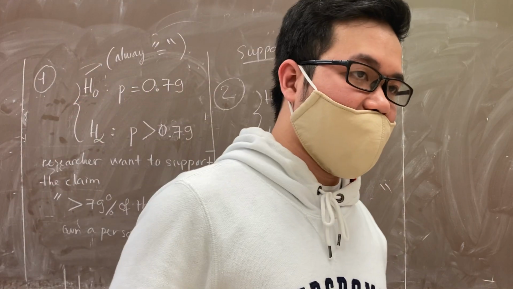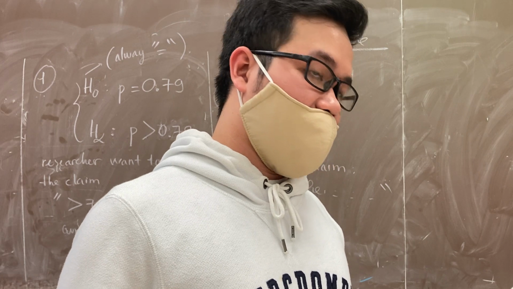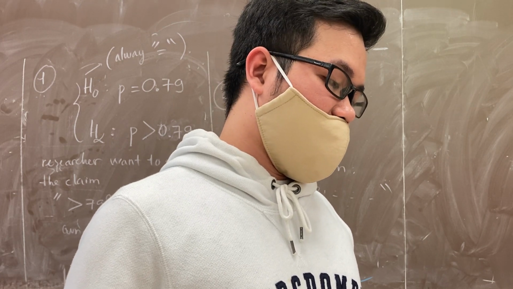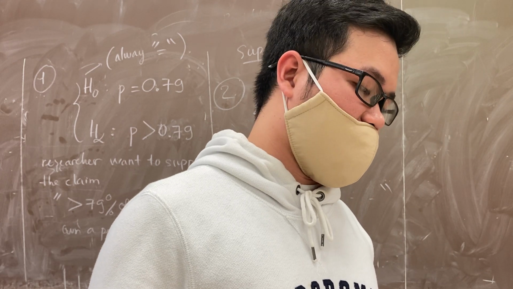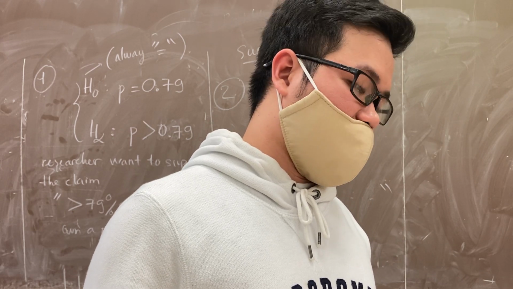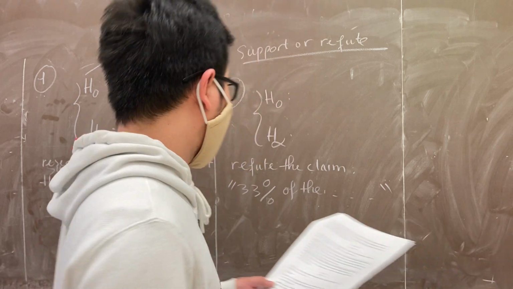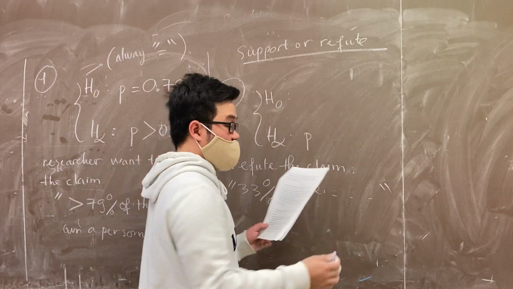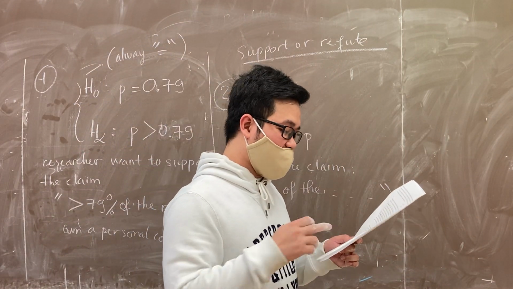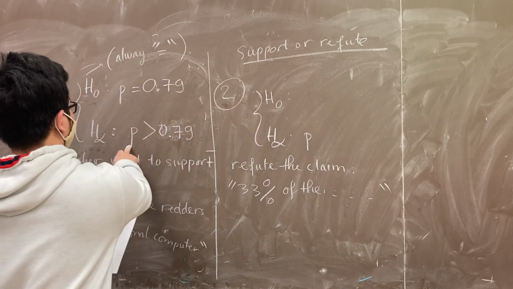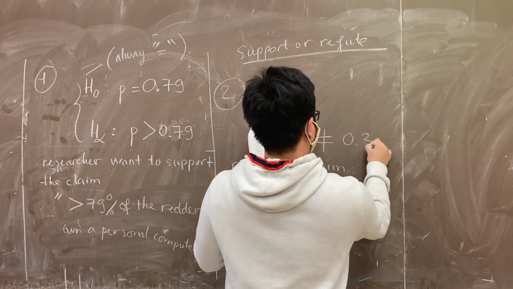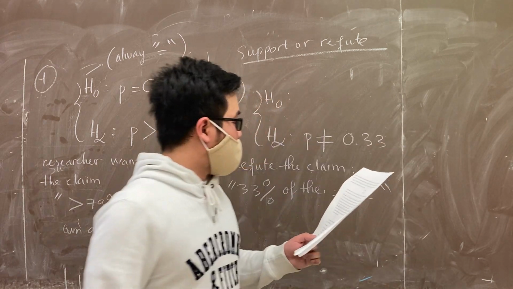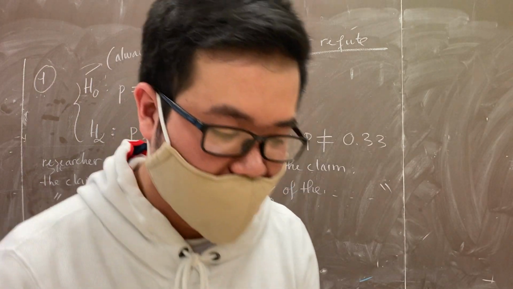Okay, Mackenzie, please. The mean does not equal 0.33. Okay, is this the mean or proportion in this situation? Proportion. Okay, proportion. Thank you. Correct. The first thing we need to determine is that this is the proportion, not the mean. The proportion is different from 0.33. Okay. Thank you, Mackenzie.